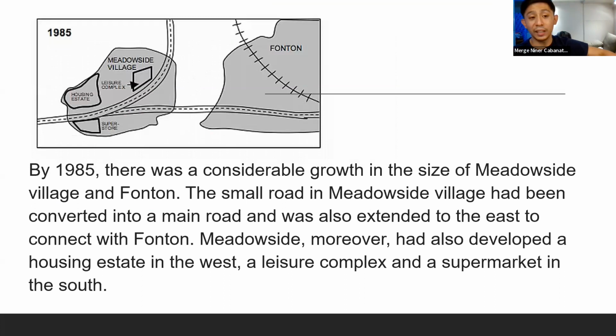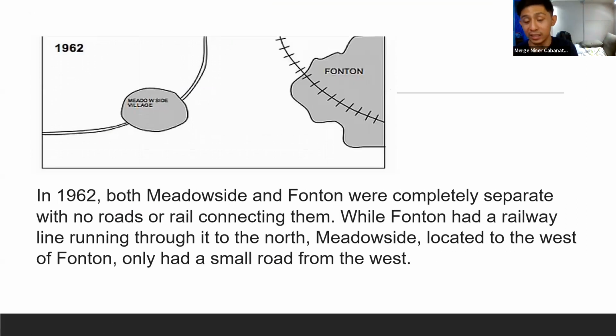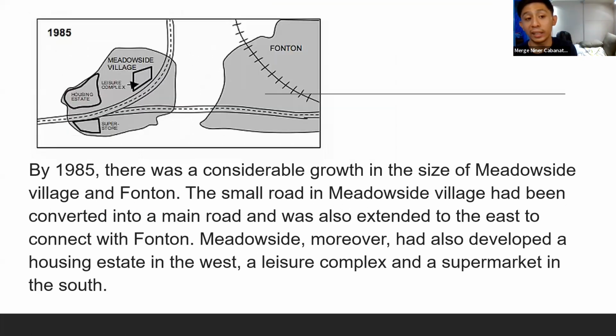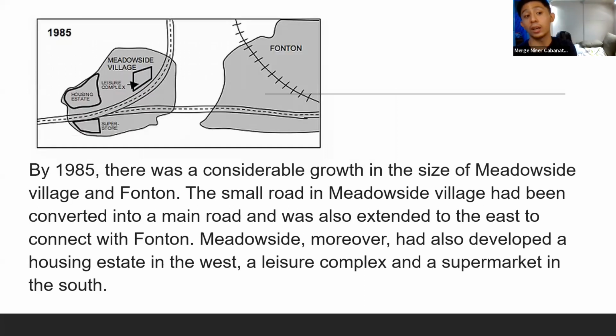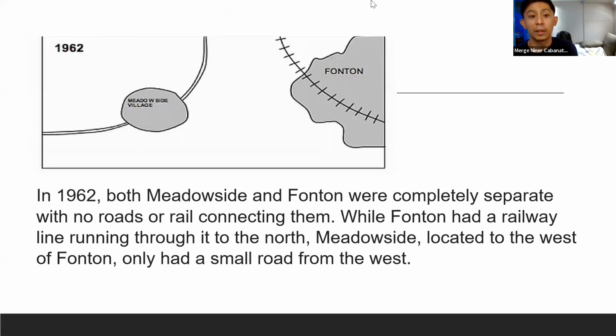Next, 1985. So what happens? So if you compare it here, guys, take a look. It will be very quick. Look at 1962. Here is your 1985 now. Here is your 1962. Here is your 1985. So what happens is that in 1985, your Meadowside covered as much area as this now.